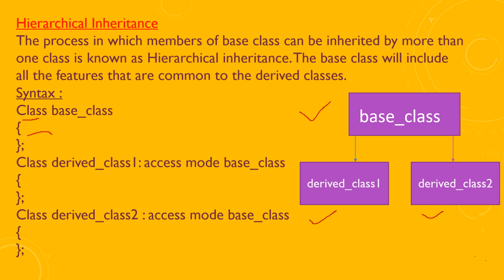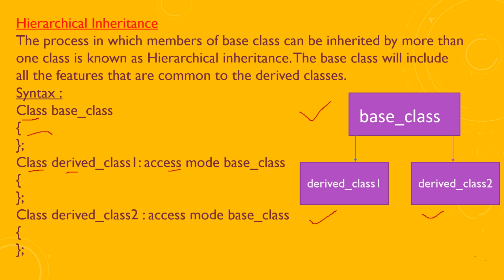And then the derived class. For the derived class, again remember the format. First we will write the keyword class, then our derived class name, then we will use a colon, and then the access mode, which includes public or private or protected. Till now we have been using public mode, and then the base class name. So after writing the access mode, we will write the name of the class from which this derived class wants to inherit the properties.